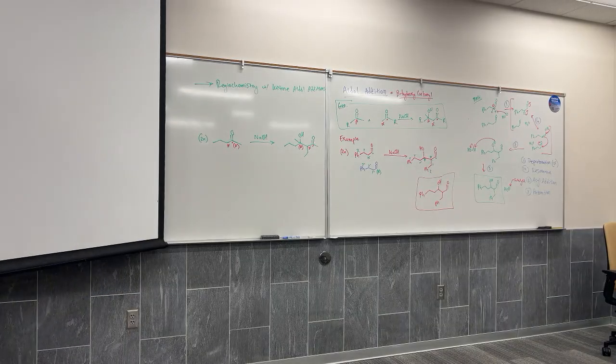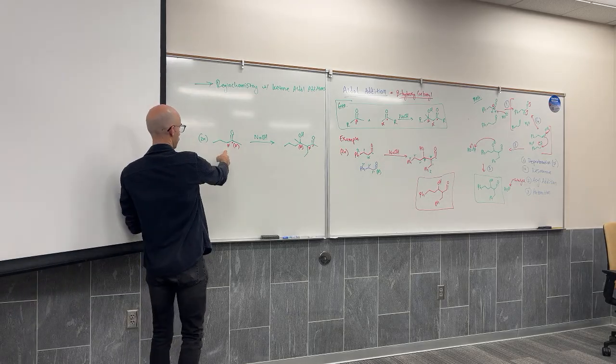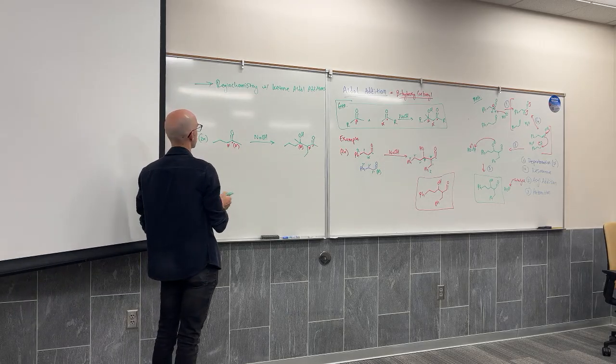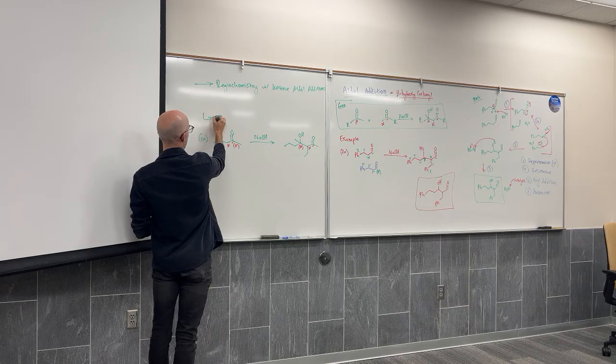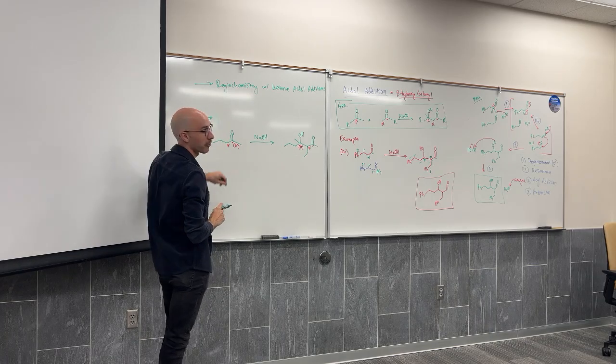So the more substituted alpha carbon attacks the second equivalent. This gives us an aldol product, a beta-hydroxycarbonyl, that is connected toward the more substituted side of the nucleophile. Sorry, is this our kinetic base or our thermodynamic base?